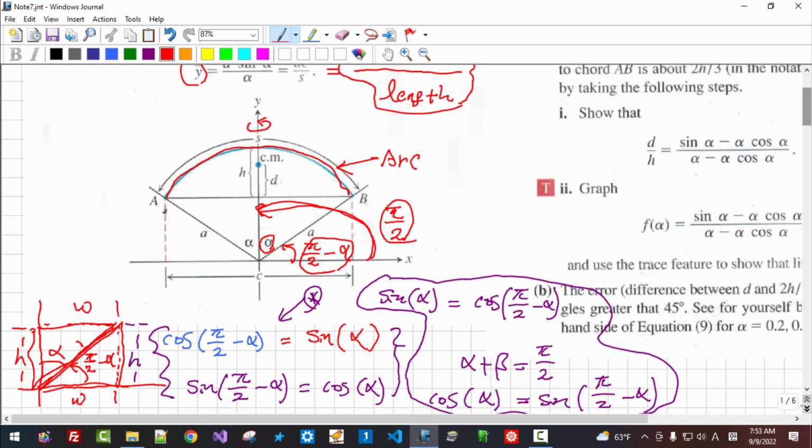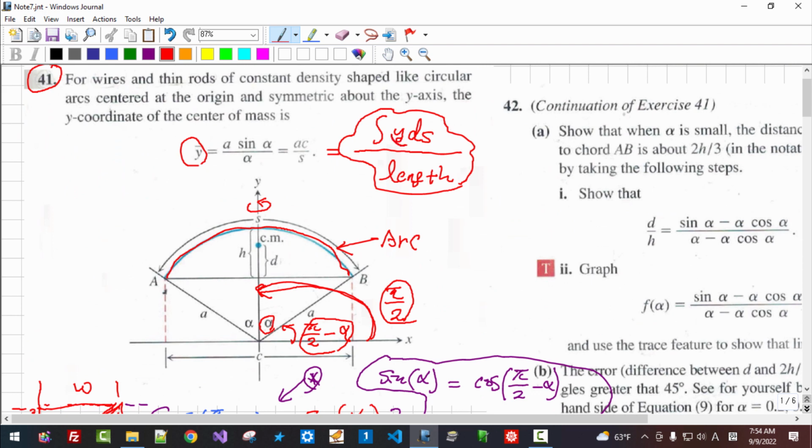Now we need y. This is r, in this case a. We can compute this height, or this height.